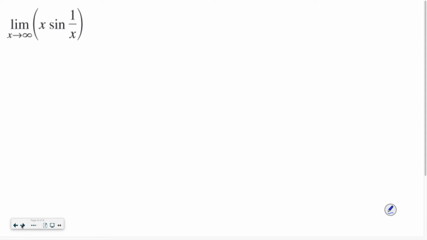Towards infinity, what's the limit of x? y equals x looks like this. What's the limit towards infinity? What's our end behavior? Just x, just this right here.